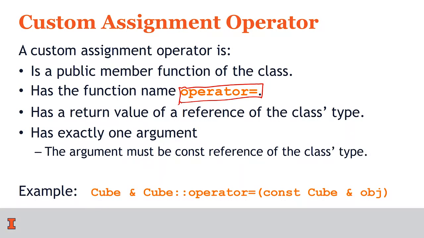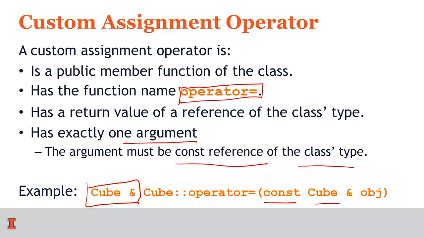So the return value must be a cube by reference if our class is a cube. If our class is a sphere, it must be a sphere by reference. And it must have exactly one argument, and the one argument must be a constant reference to the class's type. Here we see a constant cube by reference object. And the goal of a custom assignment operator is to assign the contents in object to the instance of the class that's being called upon.